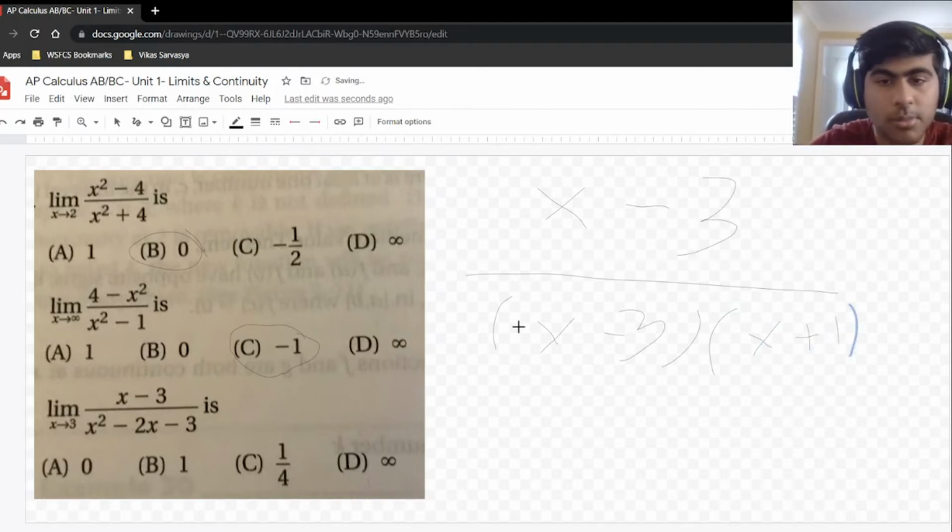And you might just jump to, well, let's just cancel these x plus 3's out, right? We have one in the denominator and one in the numerator. Let's just get rid of it. And then you end up with 1 over x plus 1.